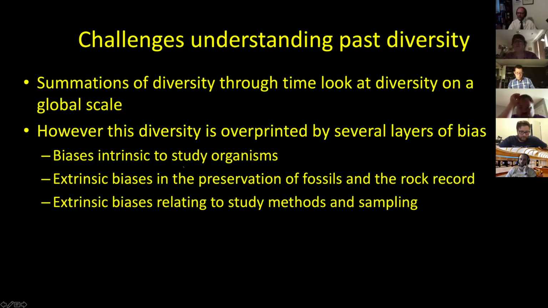Something about the biology of the organism causes a bias. Biases that are extrinsic to the organism, but are the result of some issues with fossil preservation, the rock record. And then finally, the biases that are associated with the researchers, the study methods, the sampling.